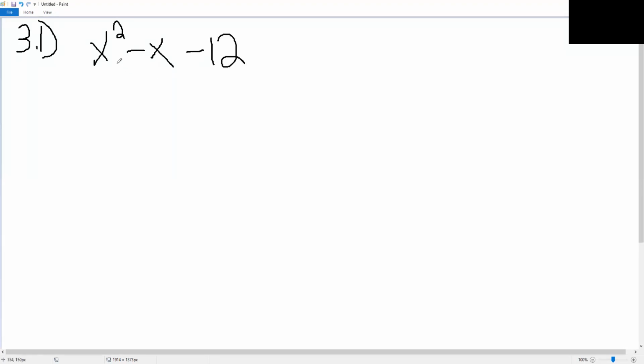That's a polynomial because it has a power and it reduces in power and it has the plus and minus sign in between. It can be factored into x plus 3 and x minus 4.